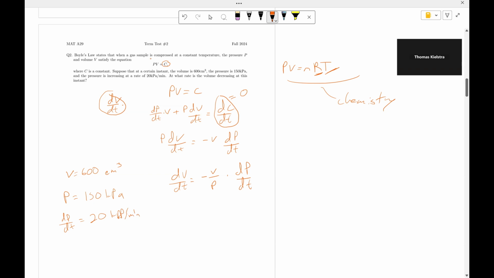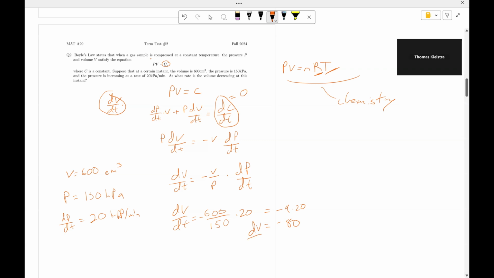Well, this means that dV by dt equals minus 600 over 150 times 20, which equals minus 4 times 20, which equals minus 80.